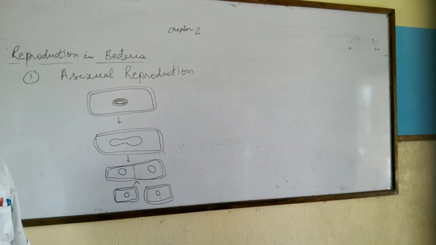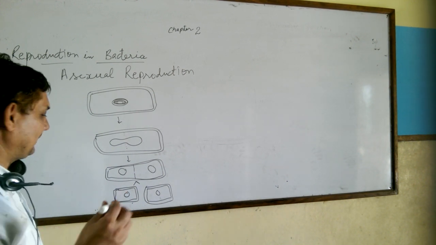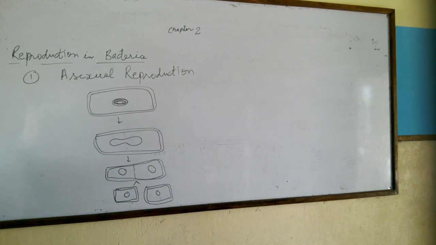Bacteria also reproduce through sexual means, but the process is called conjugation.